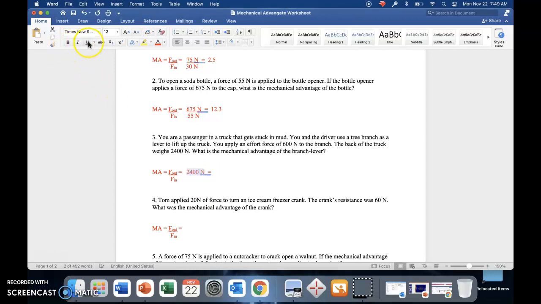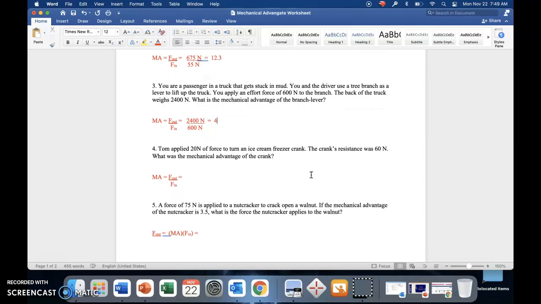You and your passenger are going to push down with 600 newtons of force, and I believe 2400 divided by 600 is a mechanical advantage of 4.